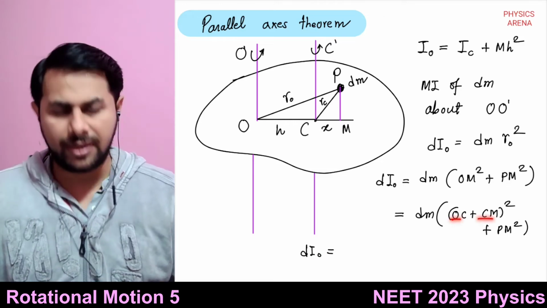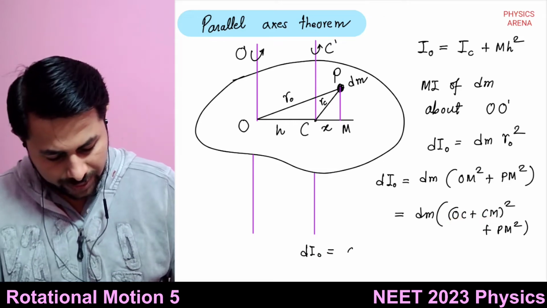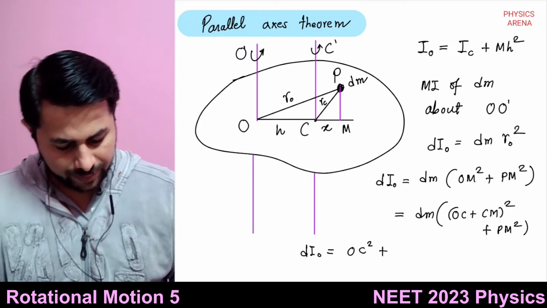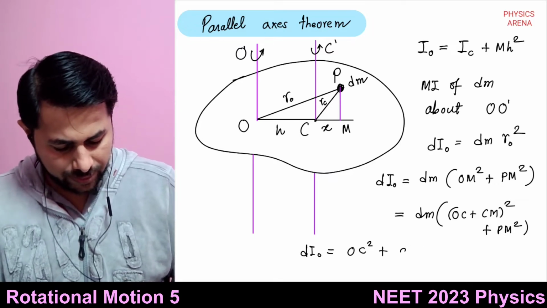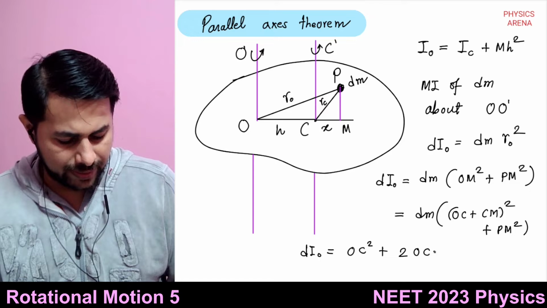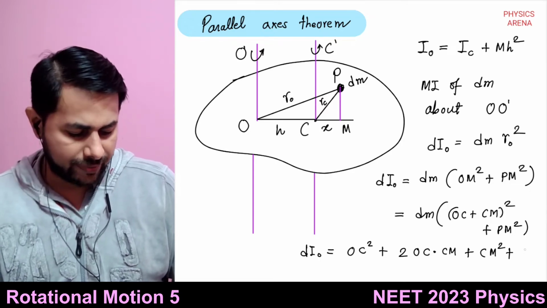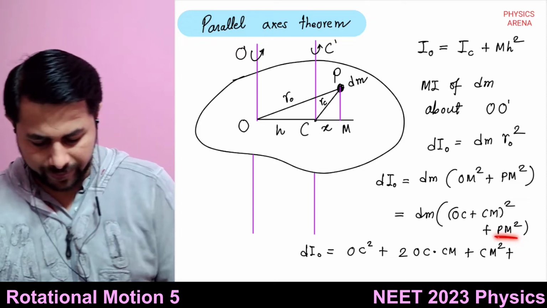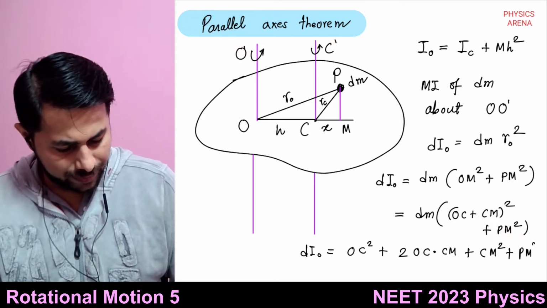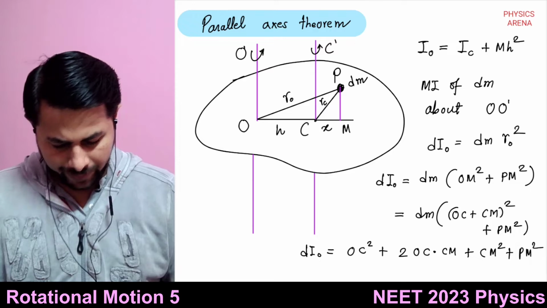So then we can write, what is (OC plus CM) squared? It is OC squared plus 2 times OC times CM plus CM squared, plus we have this PM squared.